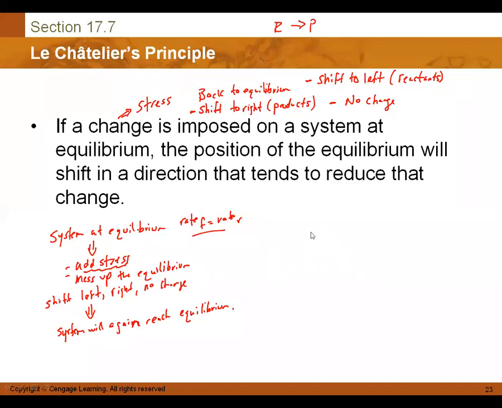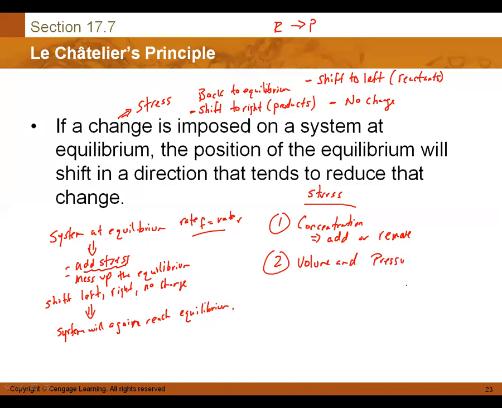So when we talk about stresses, there are certain types of stresses that we could apply. The first one is concentration, and you can pretty much either add or remove concentration. Those are your 2 options. There's also volume and pressure, which usually deals with gases, which means you can increase one of them or both, or decrease volume or pressure.